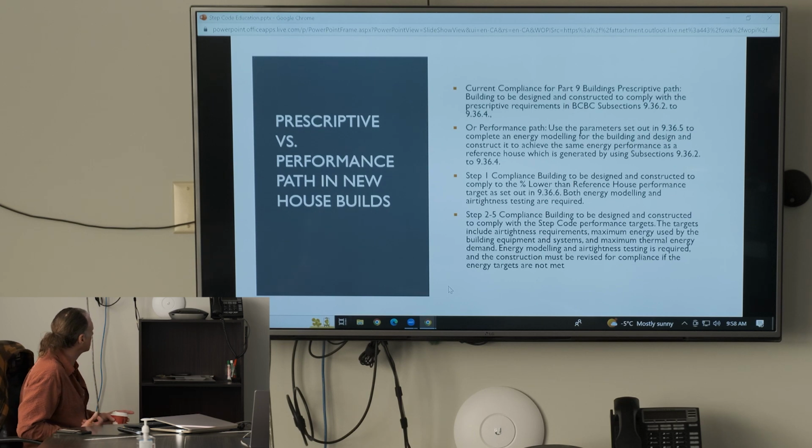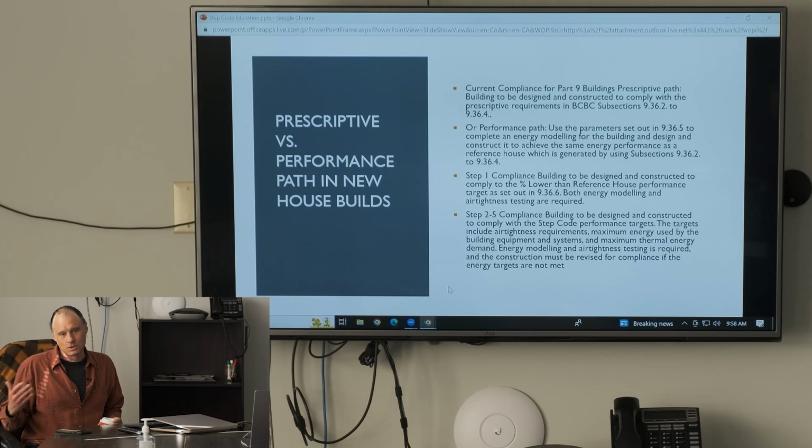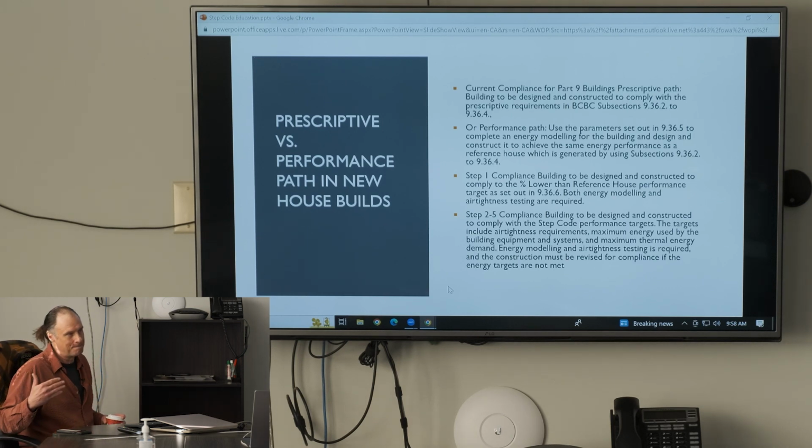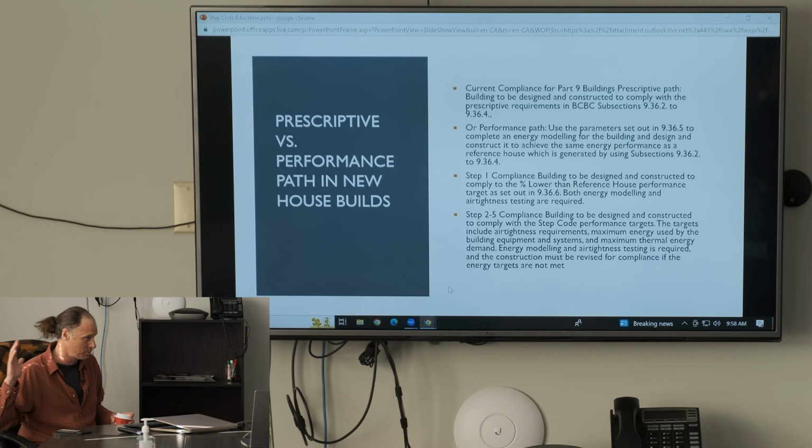These targets include air tightness requirements, maximum energy used by the building equipment and systems, and maximum thermal energy demand. Energy modeling and air tightness testing are required, and the construction must be revised for compliance if the energy targets are not met. So one thing you can do is a mid-construction blower door test. That's before all the exterior siding is put on and before the interior finish, like the drywall, is put on.